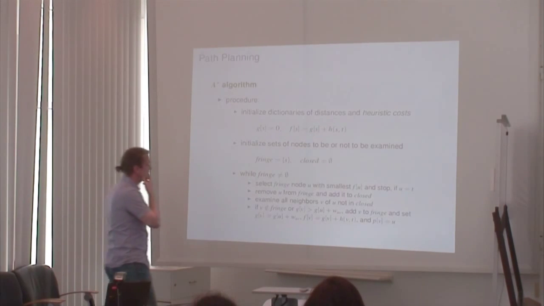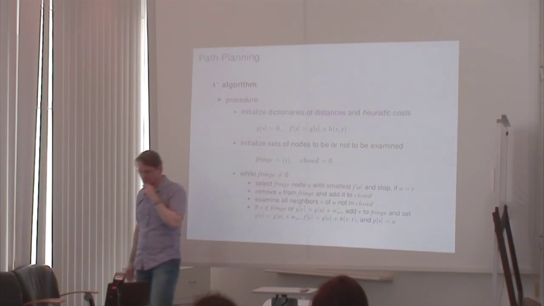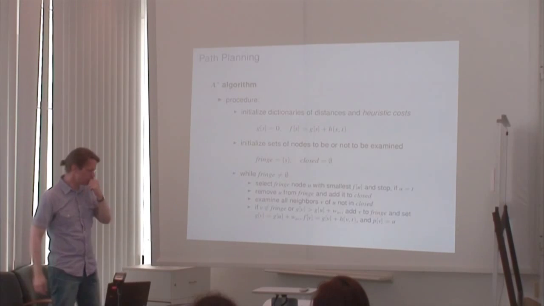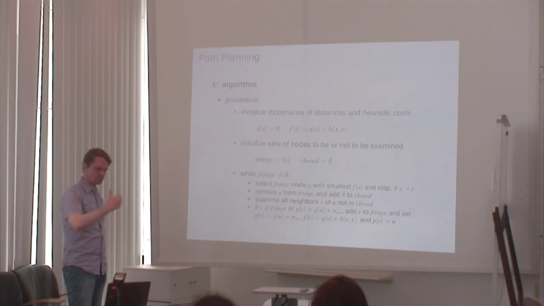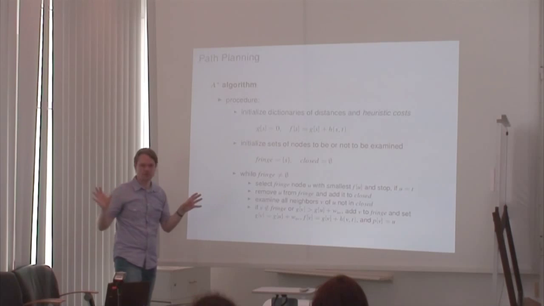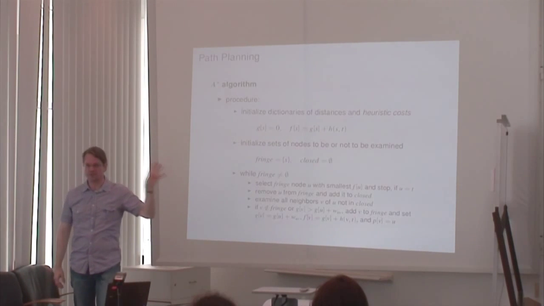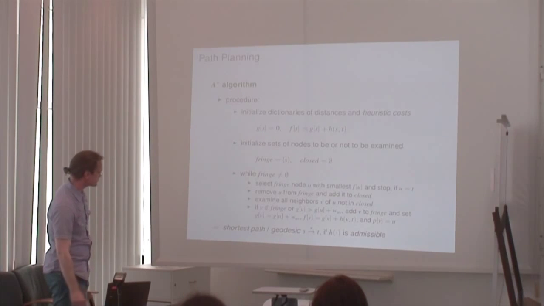Therefore, if in the next iteration we select the node from the fringe with the smallest F value, we now select a node according to a criterion that combines information about the path we have traveled so far to reach that node, plus some fuzzy information as to how much longer it may be.